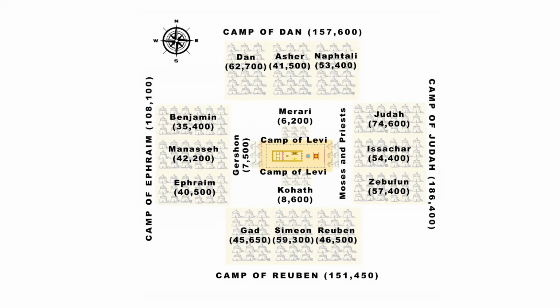And you can see how large each one of the tribes were added all together. It's quite a large number of people. And then, of course, the Levites are in their camps on 3 sides. And Aaron and Moses are on this side by the entrance.